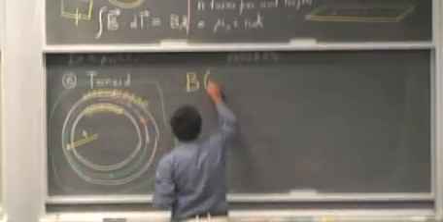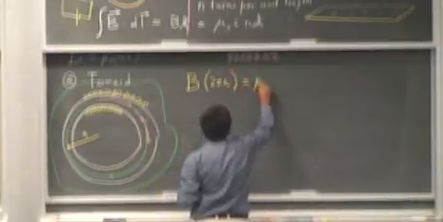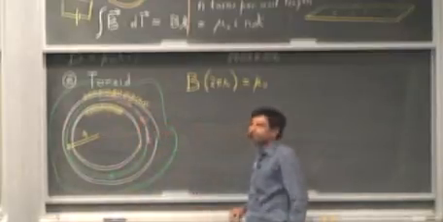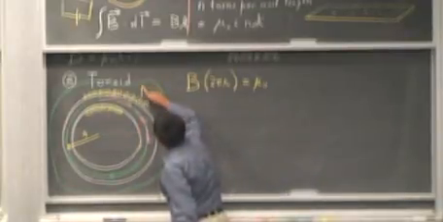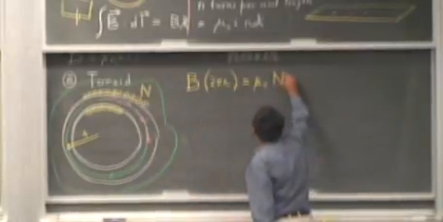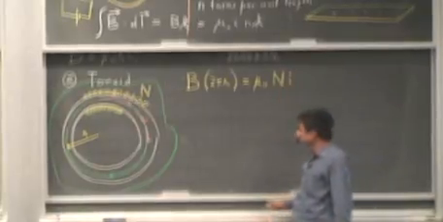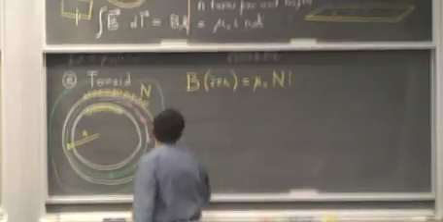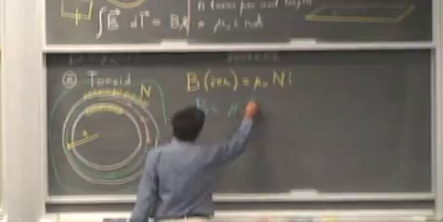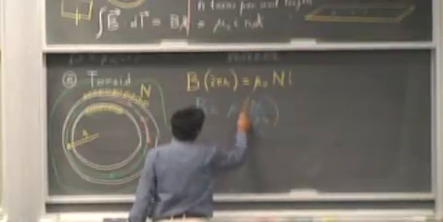The circumference will be 2 pi r, and this will be equal to mu naught times the total current enclosed. Suppose there are capital N turns. So I get mu naught N I. So my magnetic field will be B equals mu naught N over 2 pi r, times I.